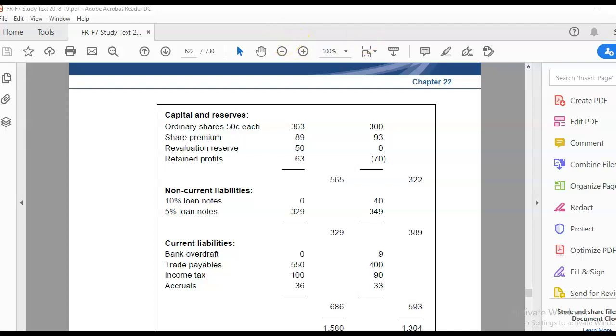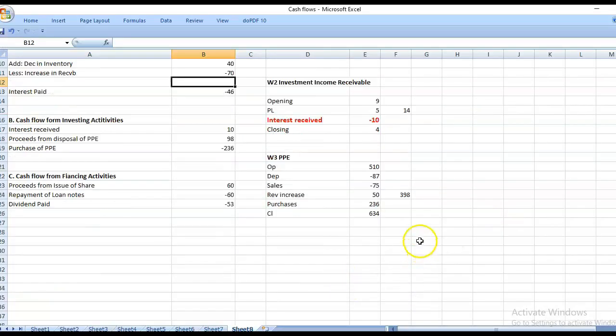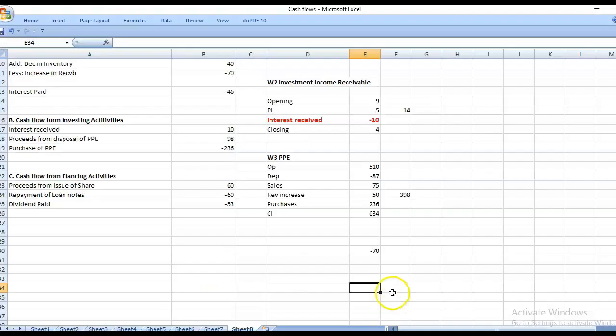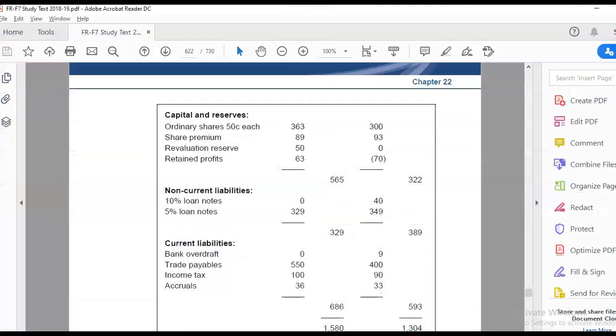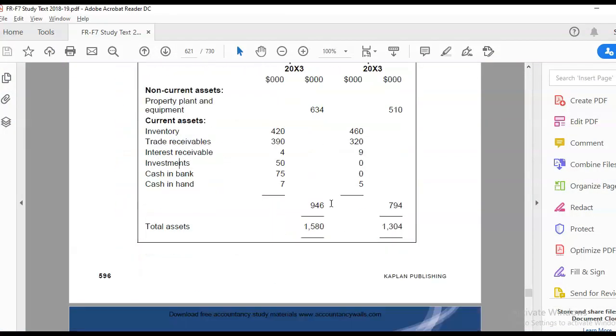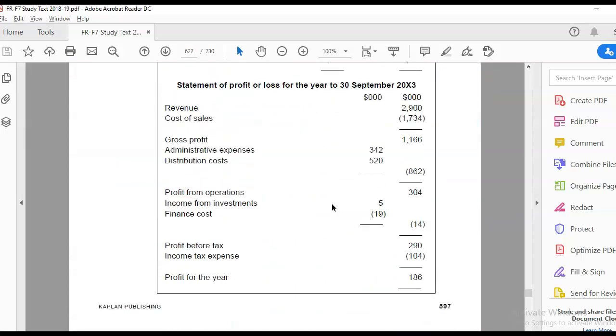And if you compare this opening negative 70, I'll just do a rough calculation. This is negative 70 and closing is 63, and profit for the year is 186.